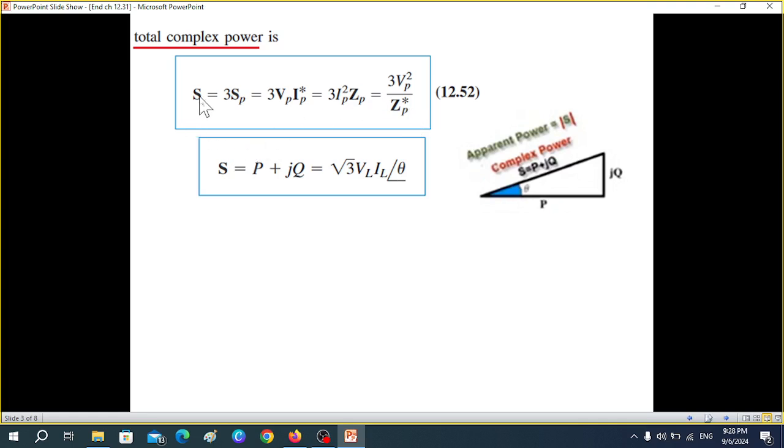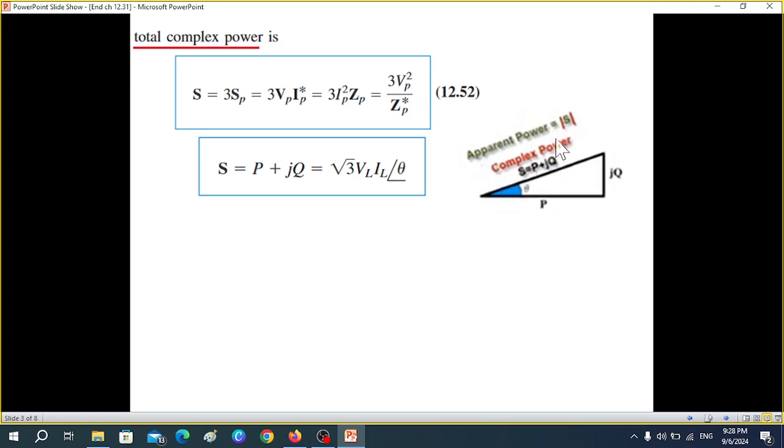Also, there's another way of defining the complex power, that is as P plus JQ. Now, if you look at this diagram, this is the real axis P, this is the imaginary axis JQ, and the sum of the two is S equals P plus JQ, and that is why it is complex power, because this has a J in it.